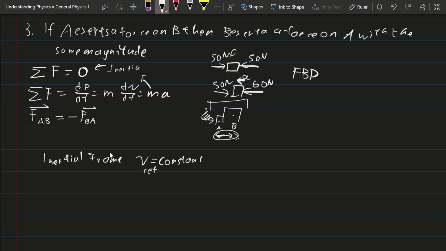And this is where all of the laws will exist. But if you are dealing with a non-inertial frame, this is where the v of the reference is not constant. That means that it has some acceleration.